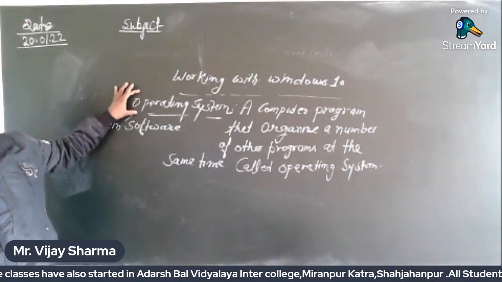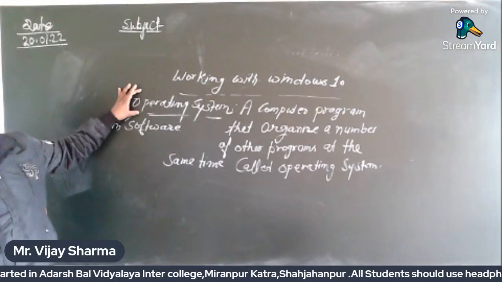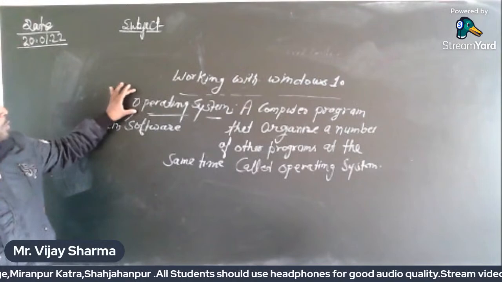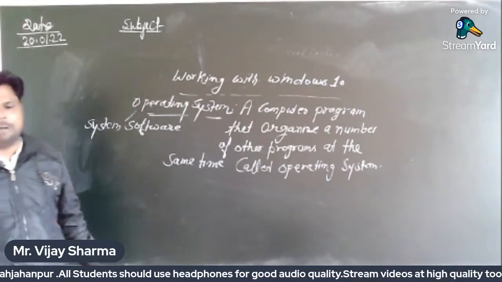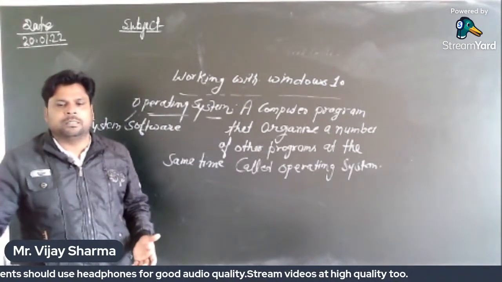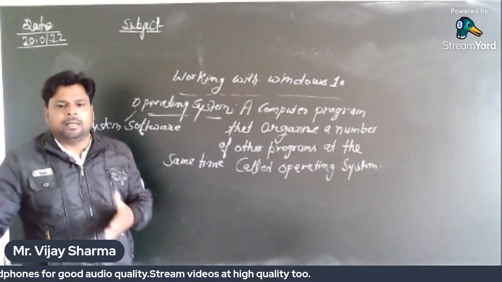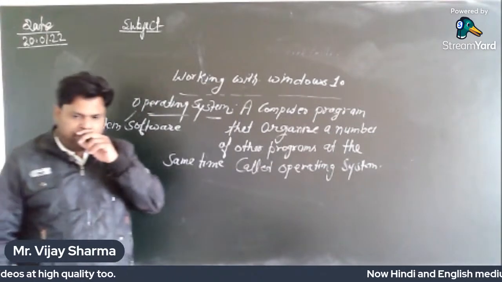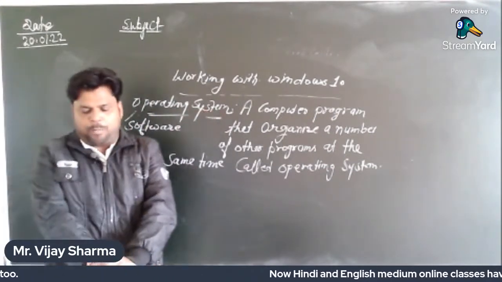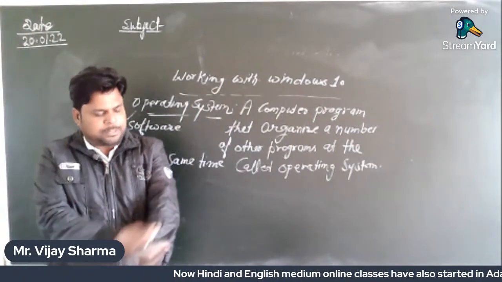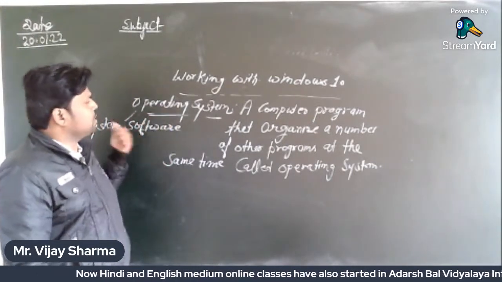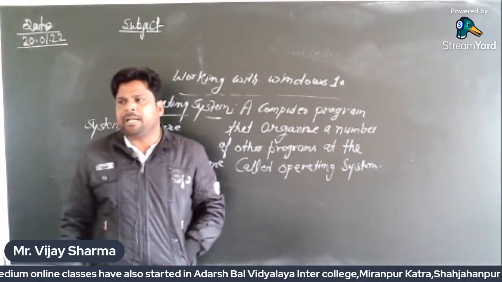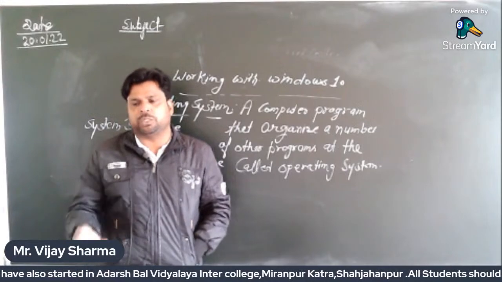We can't run our system and we can't do anything. Like a human without a soul is a dead body, without an operating system our computer is a dead body, a dead iron box. When we want to use our computer, we need an operating system to do our desired work. It also makes a bridge between user and machine.